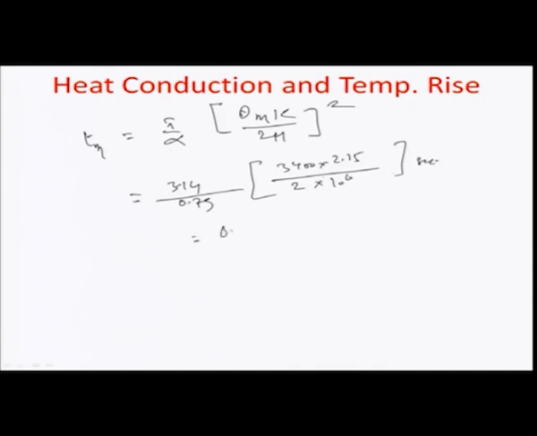It comes to almost 0.00053 seconds. So, that is how small a time it takes for the laser to heat the surface up to a melting temperature of about 3400 degrees Celsius.